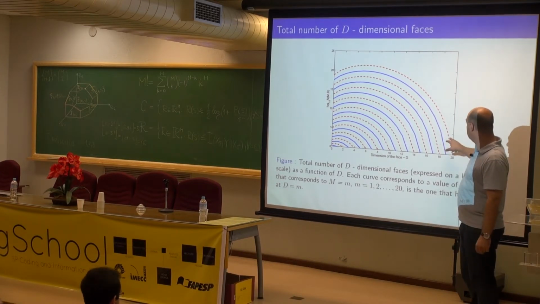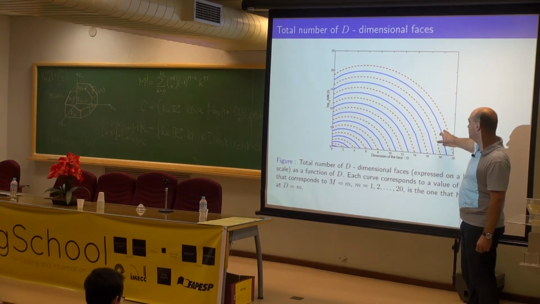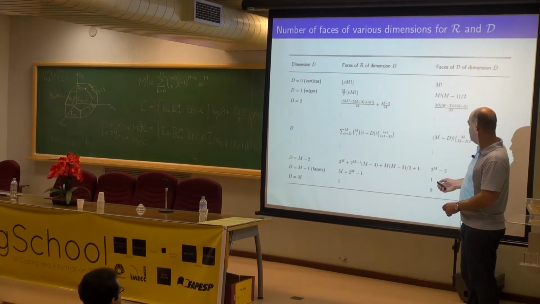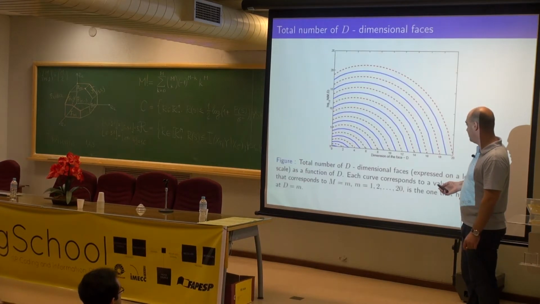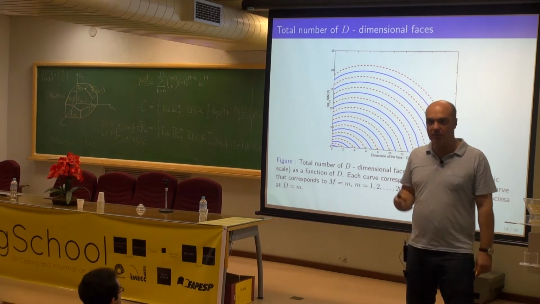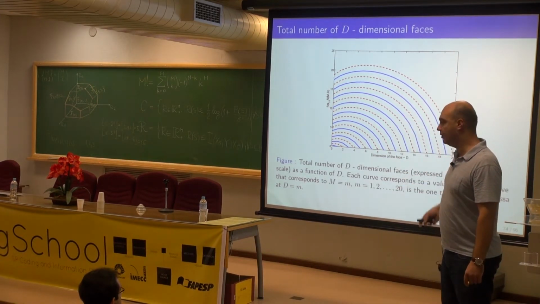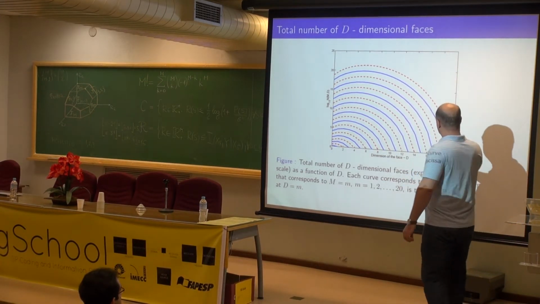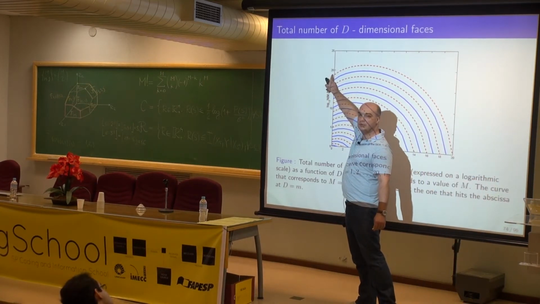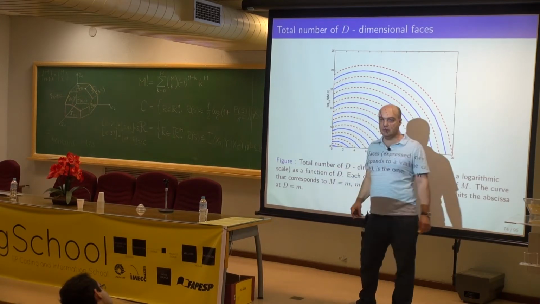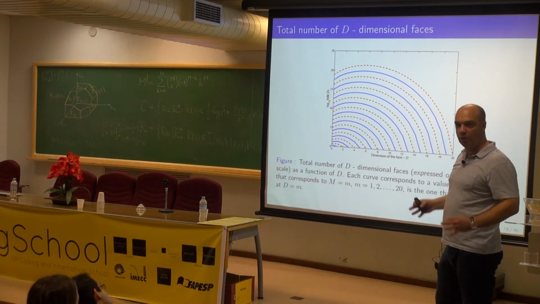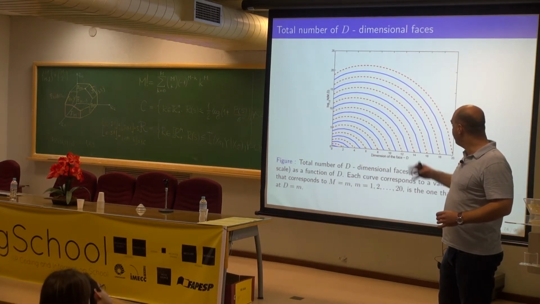What do you see? M plus 2, m minus 1 vertices, and it's 20 plus 2 to the 20 minus 1 facets. But we have to take the logarithm. And then we lower the dimension, and this is the number of vertices: 20, 19, 18. That's how you read this. I like it because you can put more information on one page.